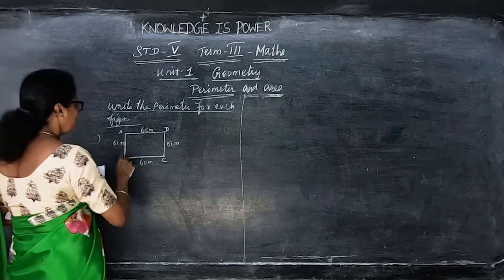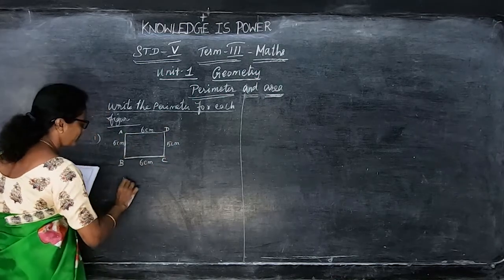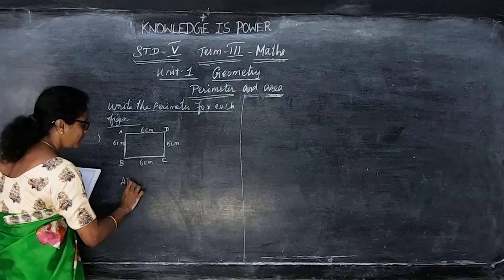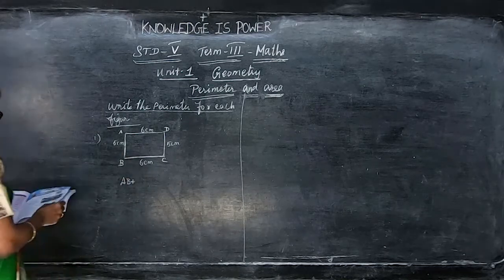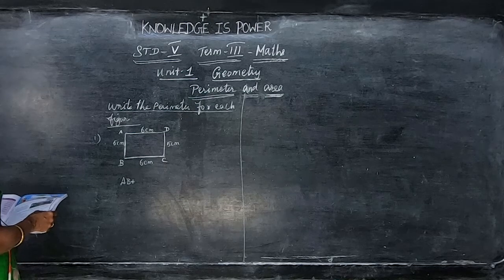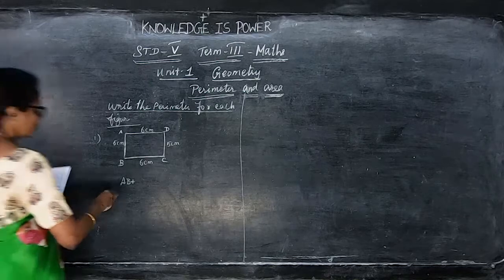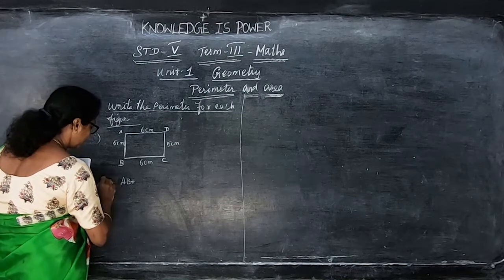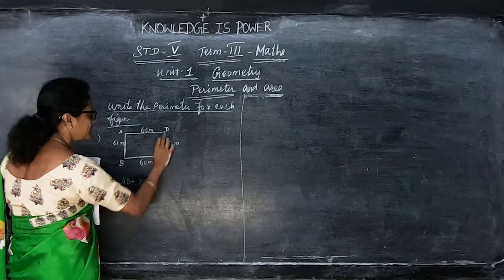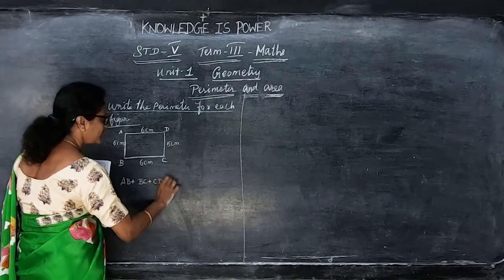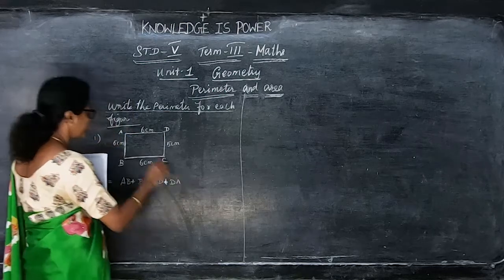Here A, B, C, D and DA. First, length AB. Sum of all sides. So perimeter P is equal to AB plus BC plus CD plus DA. That is the sum of all sides. Sum means add.